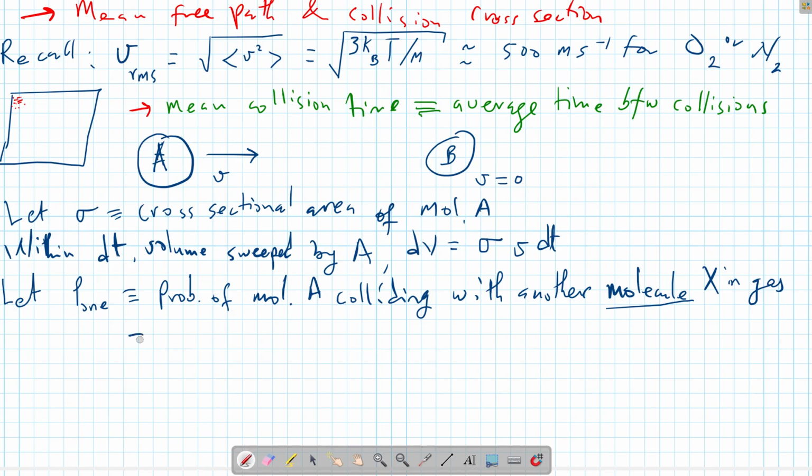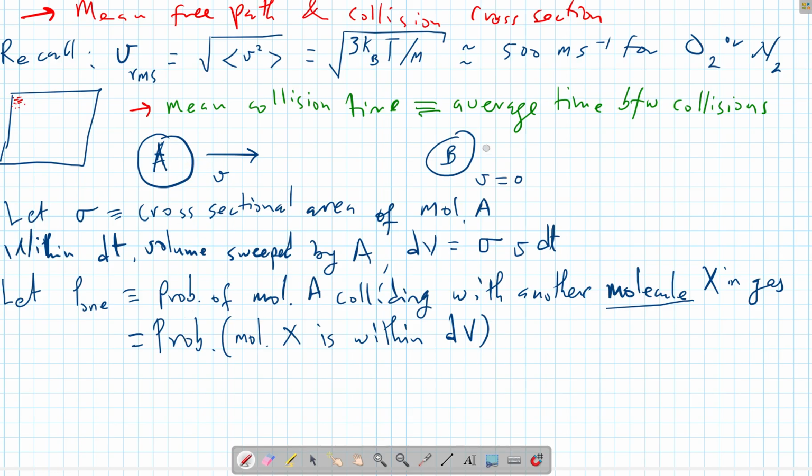So this probability is going to be equal to the probability that molecule X, or molecule B, as I've stated with this scenario earlier, but it doesn't matter, let's continue with X, is within dV, right? So let us read this again.